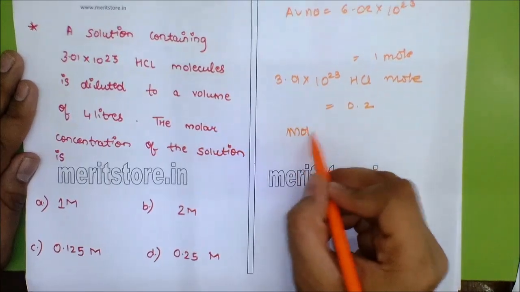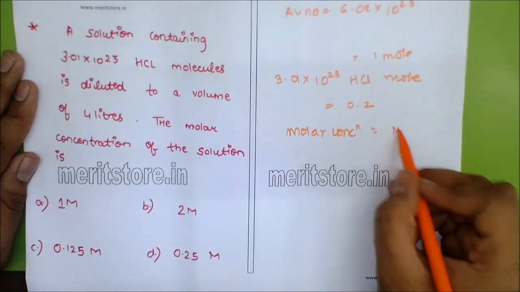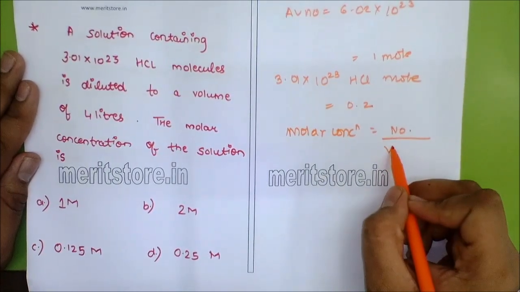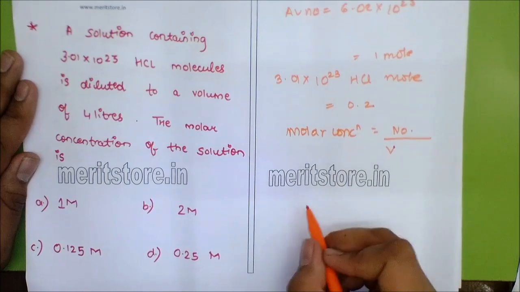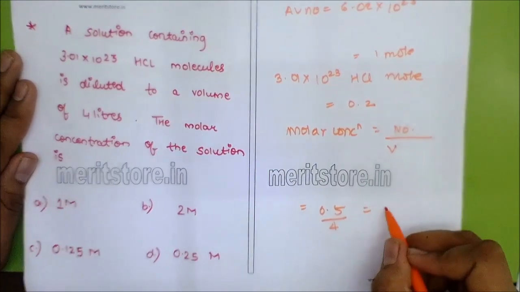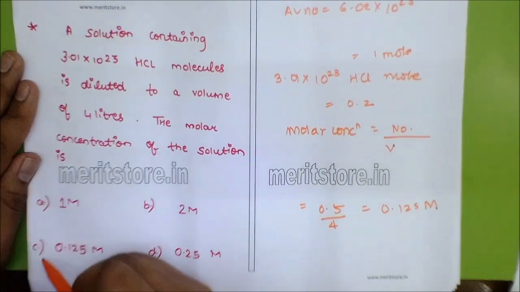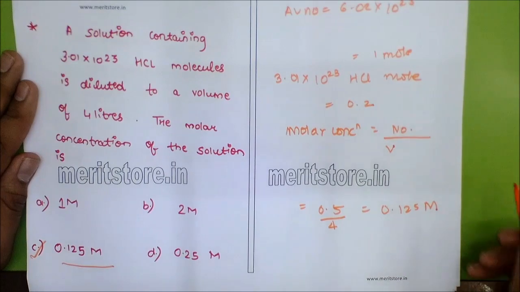Molar concentration is equal to number of moles upon volume of solution, which will give us 0.5 upon 4, which is equal to 0.125 molar. So option C, 0.125 molar is the correct answer.